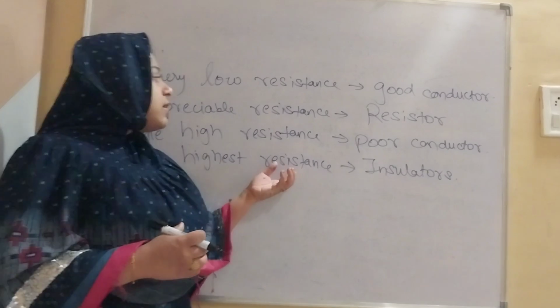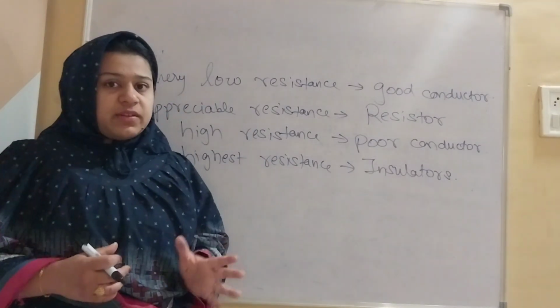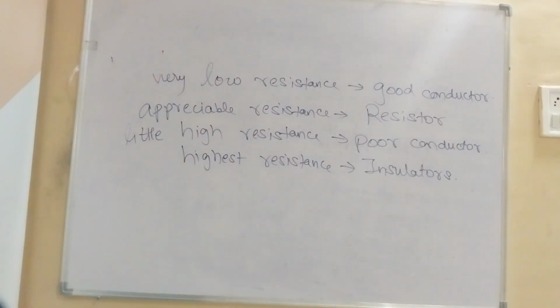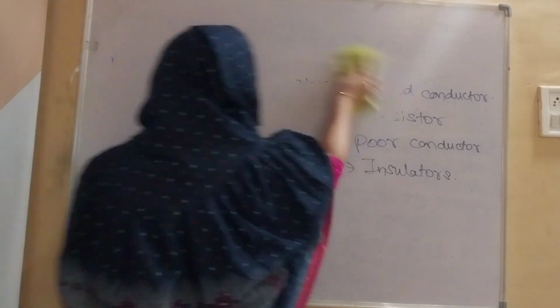Okay, so what is resistance? It is the obstruction in the flow of current or obstruction in the flow of charges. Okay, coming back to the formula for Ohm's law.